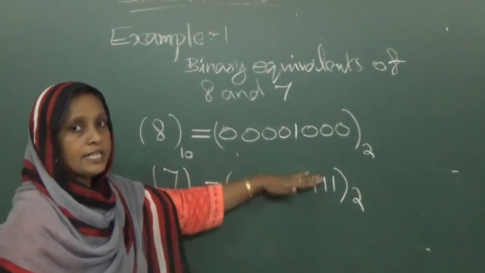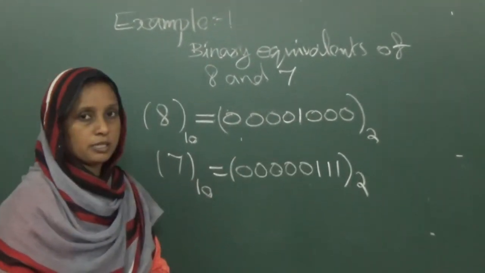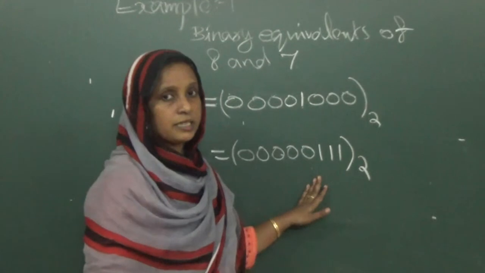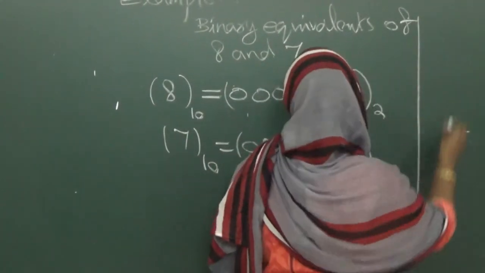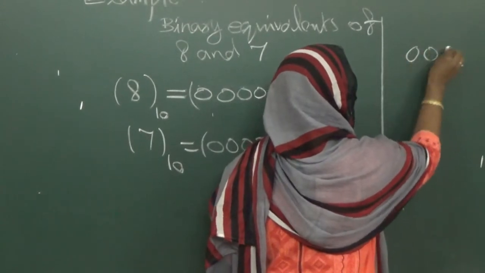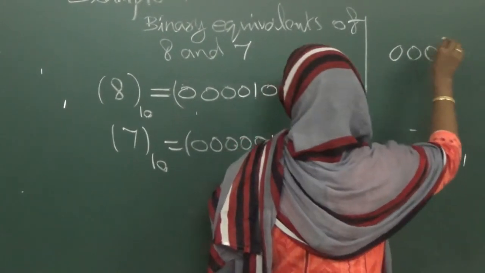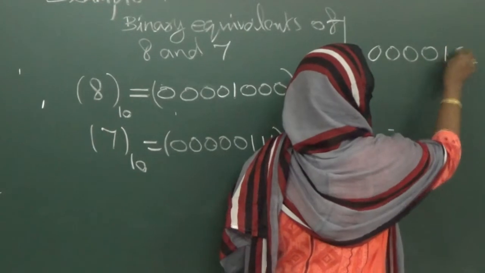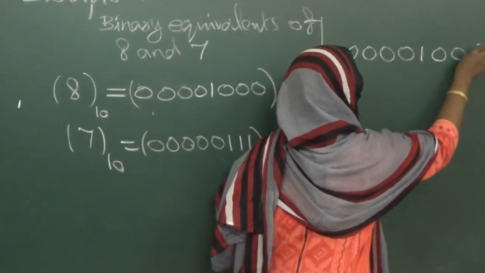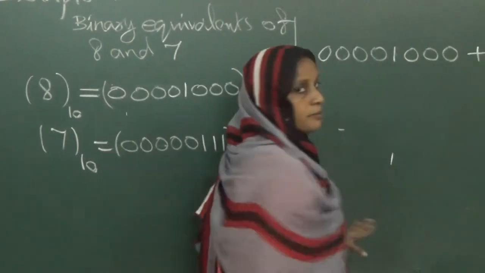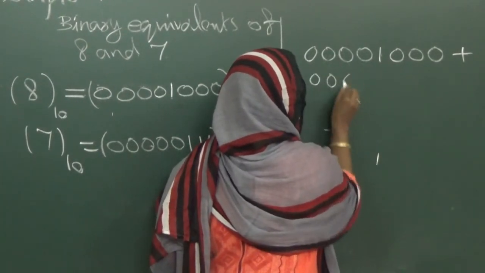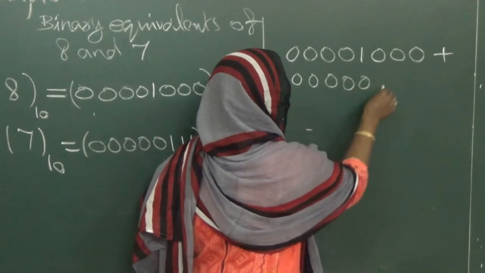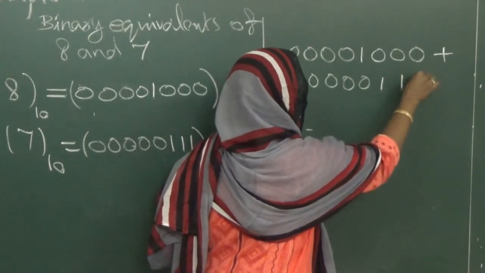Now we want to add these two numbers. So we can add them here. 0, 0, 0, 0, 1, 0, 0, 0 plus 0, 0, 0, 0, 0, 1, 1, 1.